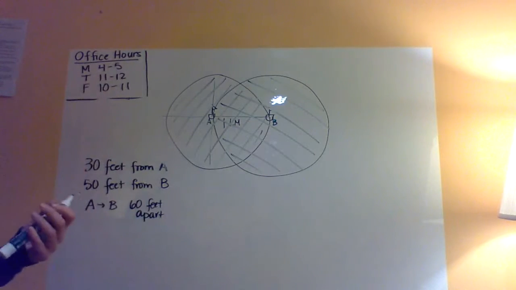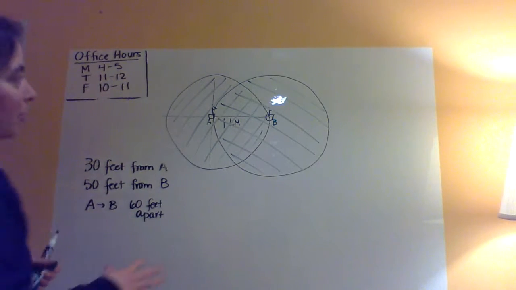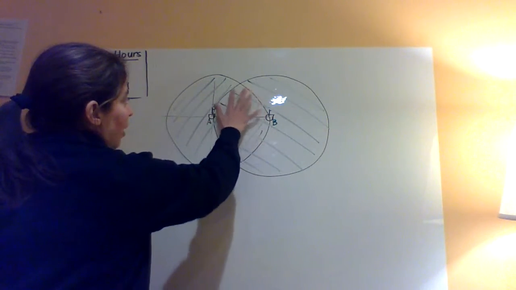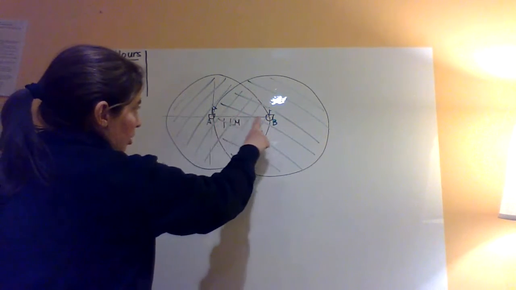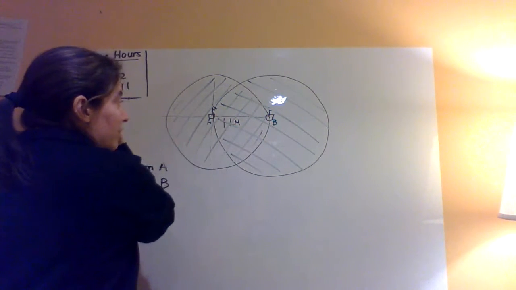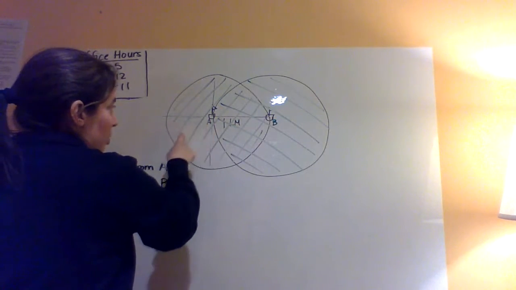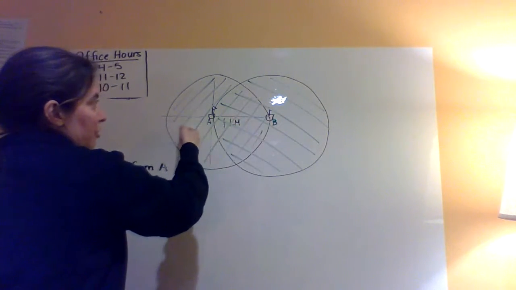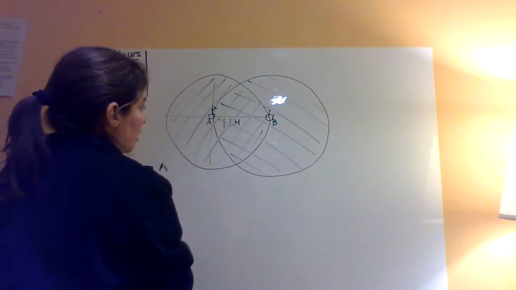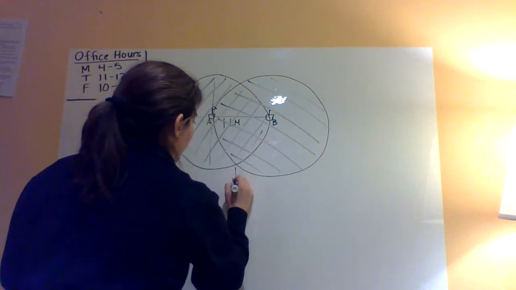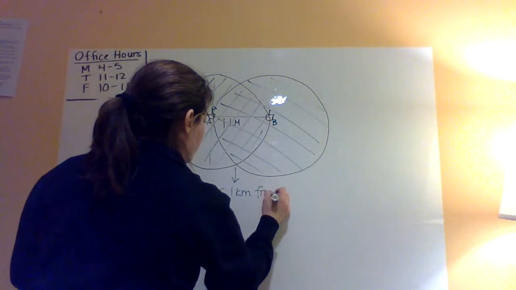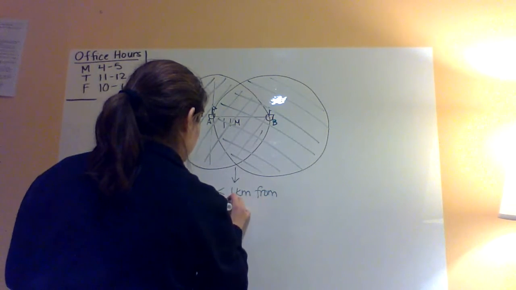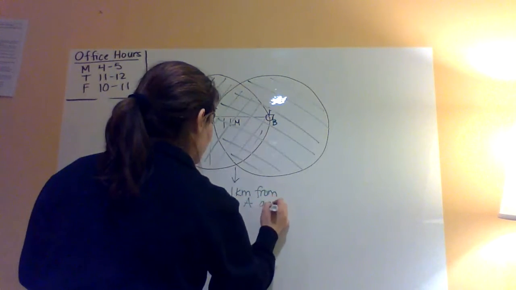Well, hopefully the way I shaded it kind of helped you. But it's going to be in this area here, right? So these parts right here are less than 1 kilometer from A and B. For example, this point over here is less than 1 kilometer from A, but it's too far from B. So right in here is going to be less than 1 kilometer from both A and B.